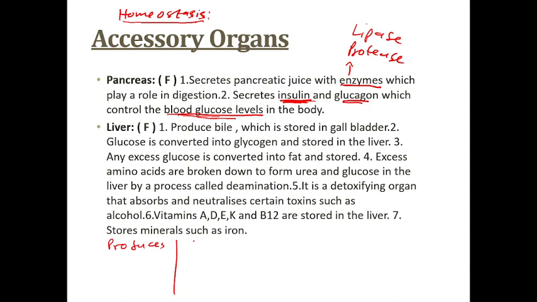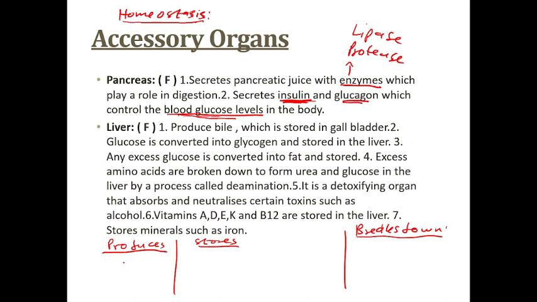We'll get to what it produces. The liver stores, number two. And lastly, the liver breaks down things. Are you with me? So let's get to what it produces.